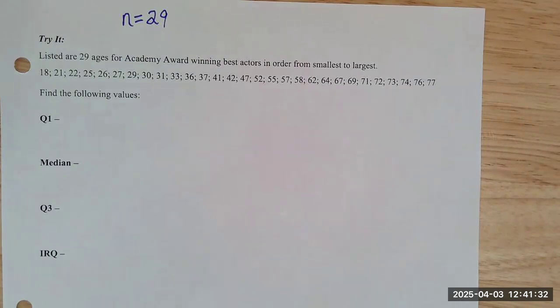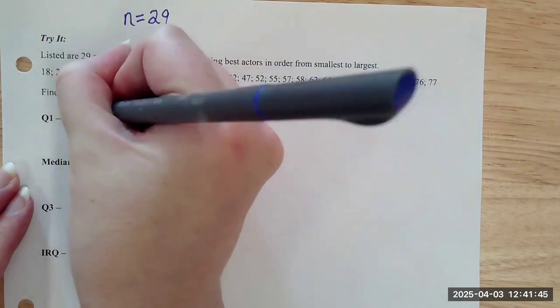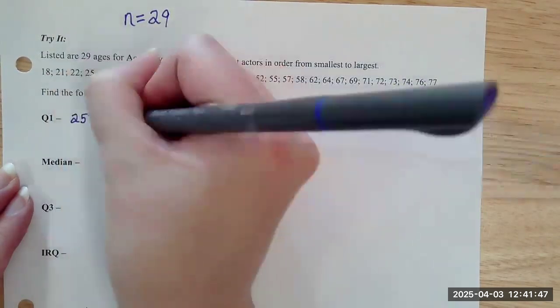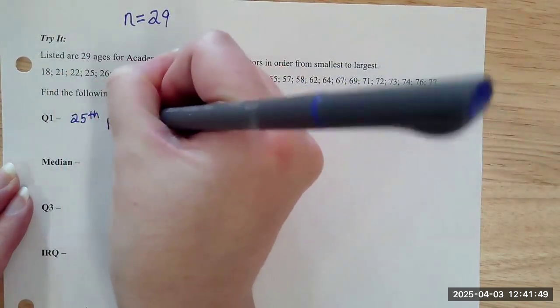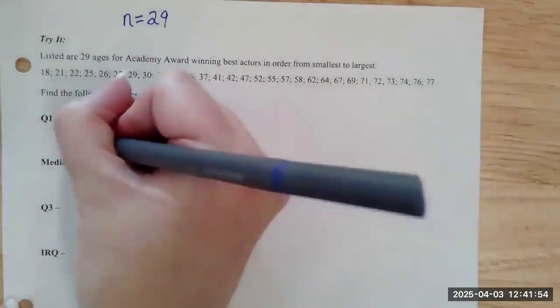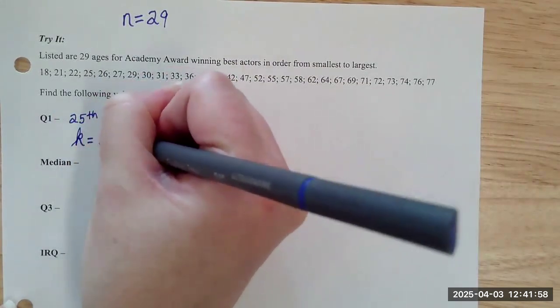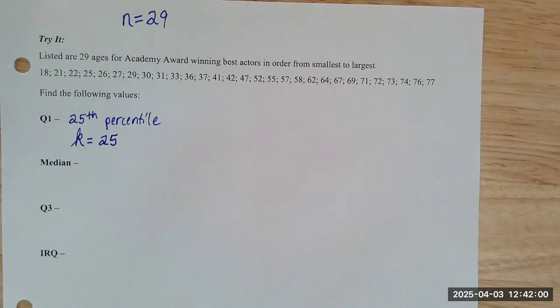It says, find the following values. Find Q1. What percentile is Q1? 25th percentile. Okay, so Q1 is the 25th percentile. So in this case, our K is 25 for that formula that we're talking about.